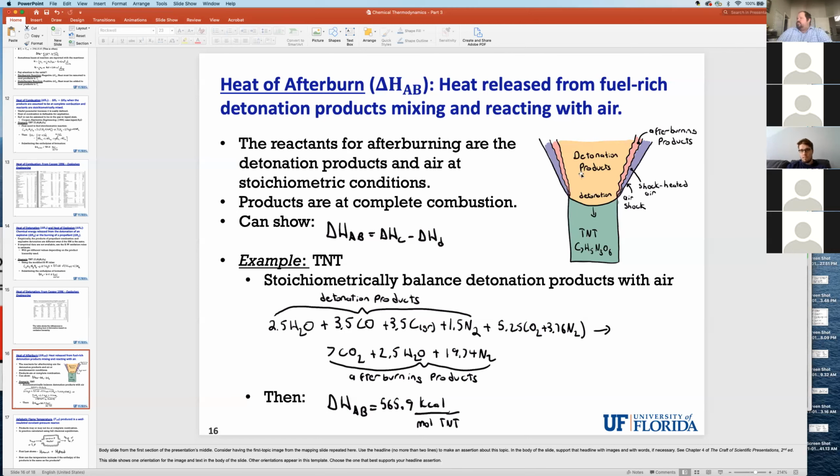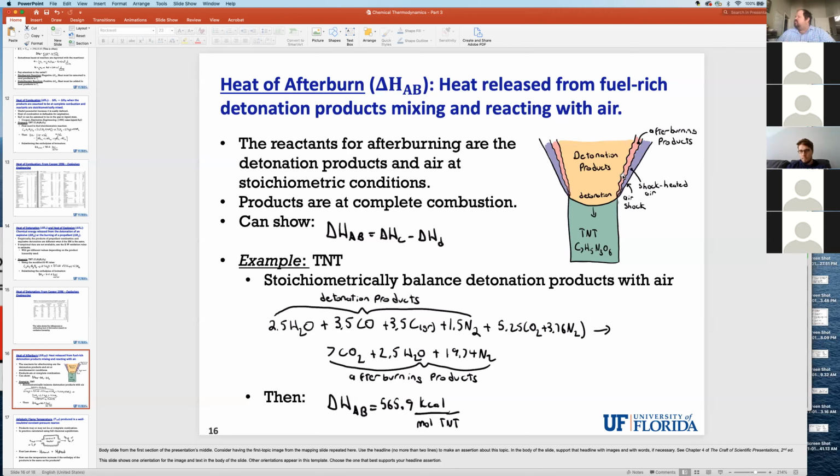Okay, so this region here is extremely fuel rich, and it's also at an extremely high pressure, and that extremely high pressure is going to transmit an air shock. At some point you're going to have a boundary, roughly right here, between the shock heated air and these high temperature detonation products, which are very fuel rich.